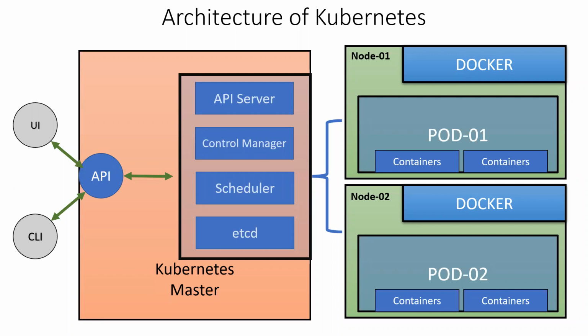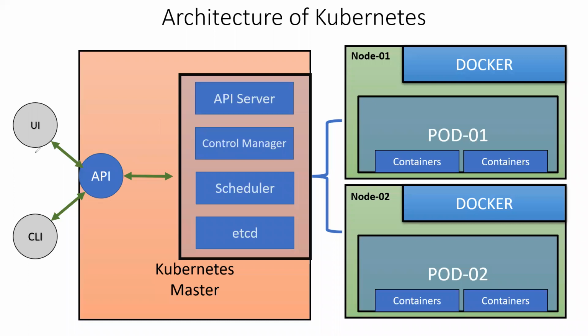In a 3-node cluster, one will become the master and the other 2 will become the worker nodes. Master is the brain of this entire cluster, and the worker nodes are those where actually they'll do the computation.